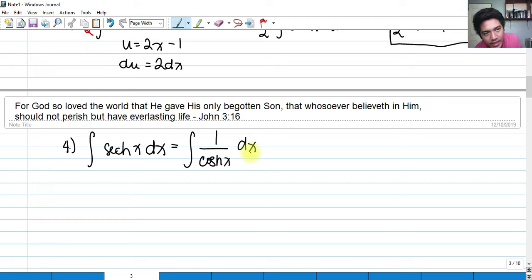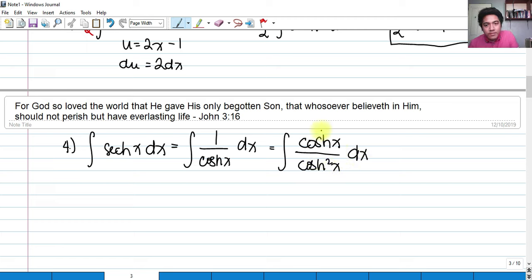That's an identity in hyperbolic functions. So, what will happen here is I'm going to add a hyperbolic cosine of x in the numerator over hyperbolic cosine squared x dx.